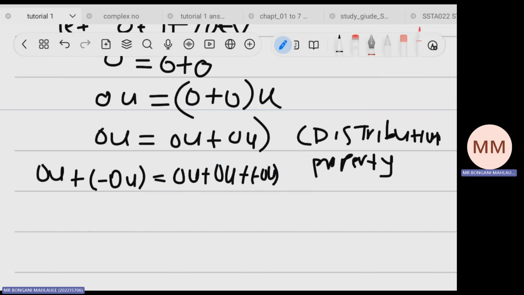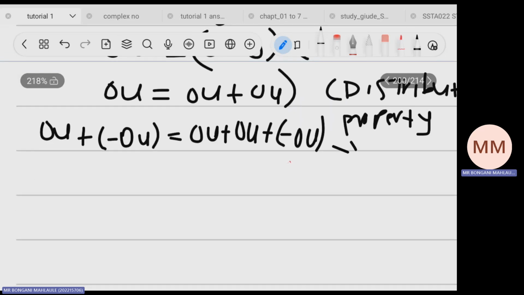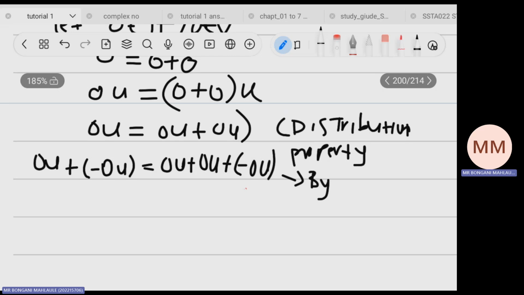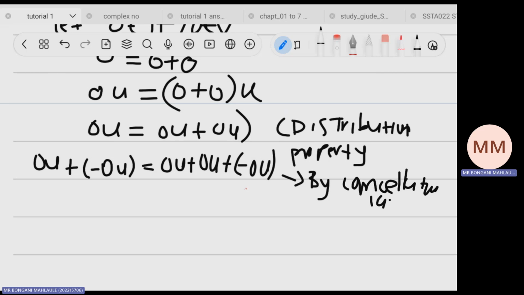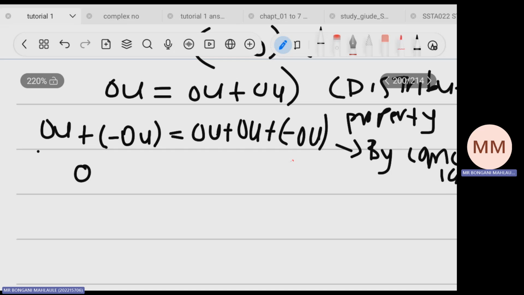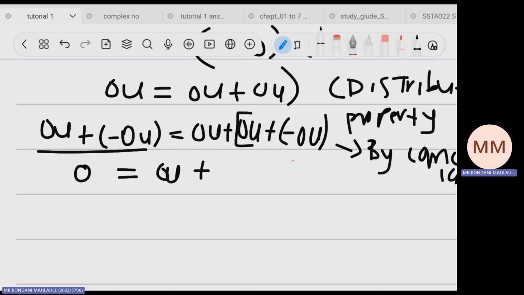So you'll say by cancellation law, this will be 0, then this will be equal to 0u plus, then we group, this will be 0.